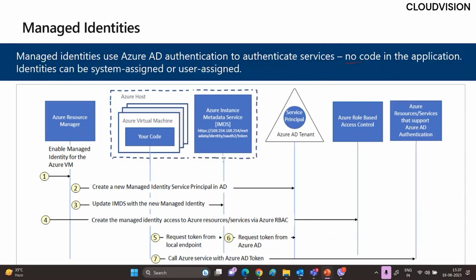So in terms of managed identity, first you need to understand that there are two things. One is called source. Other is called destination.